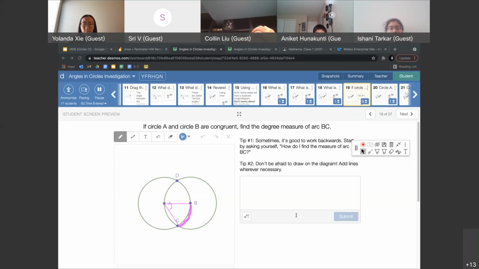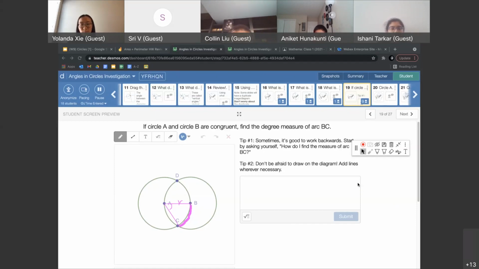Okay, so we know that circle A and circle B are congruent. So that means all measures, including the radii of both circles, are congruent, right? So we know that AB is the radius of one of them, so therefore it's the radius of both of them.